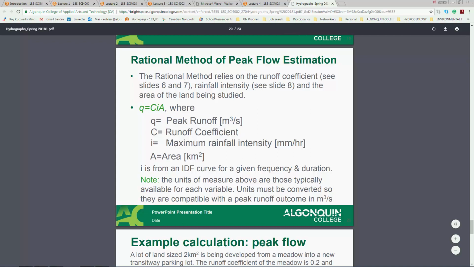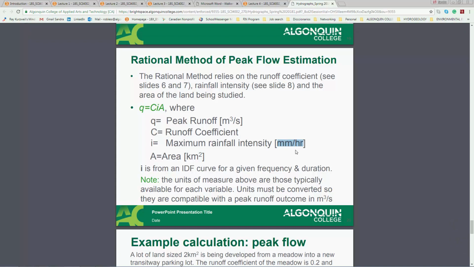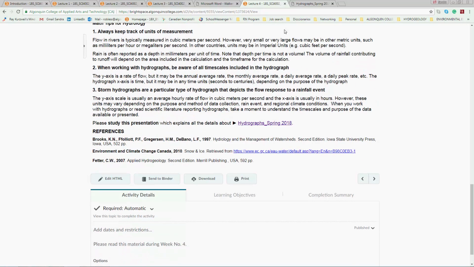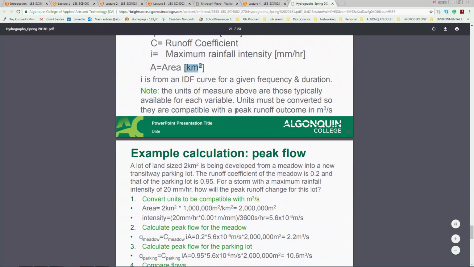And when we talk about maximum rainfall intensity, when we do field work, when we use all the measurement tools and equipment, we get the information in millimeters per hour usually, and area in square kilometers. But we will need to transform so we can keep track of units, and we have all the variables in the same units. And that's what we need to do.